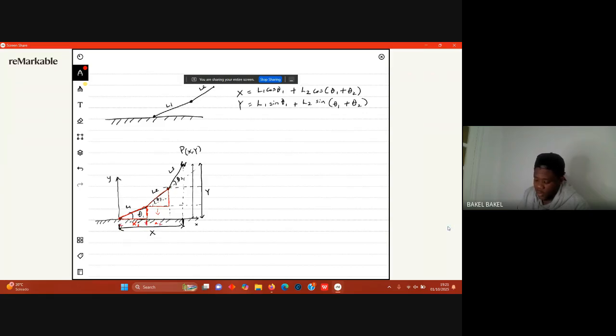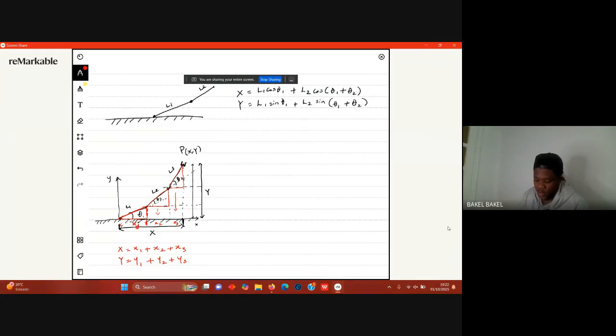Now you can see there's another triangle up here, and then you can get x3. So basically, x will be equal to x1 plus x2 plus x3. It's the same thing we did the last time. Same thing happens for y. Y becomes y1, y2, y3. The problem now is, how do we find x? How do we find y?